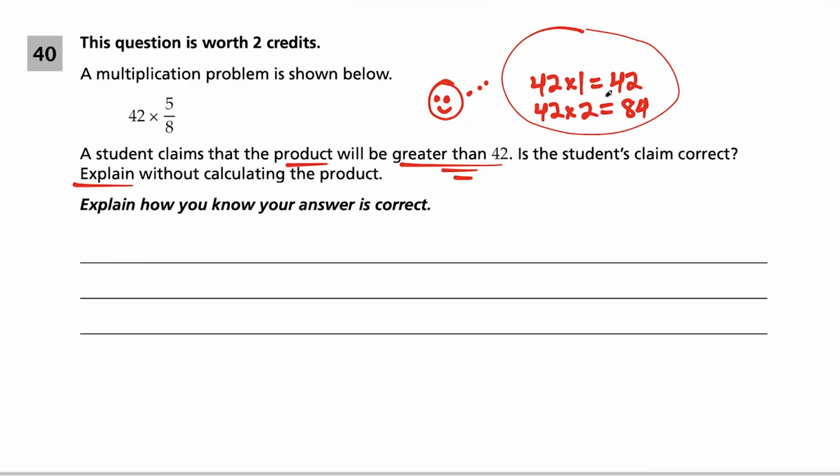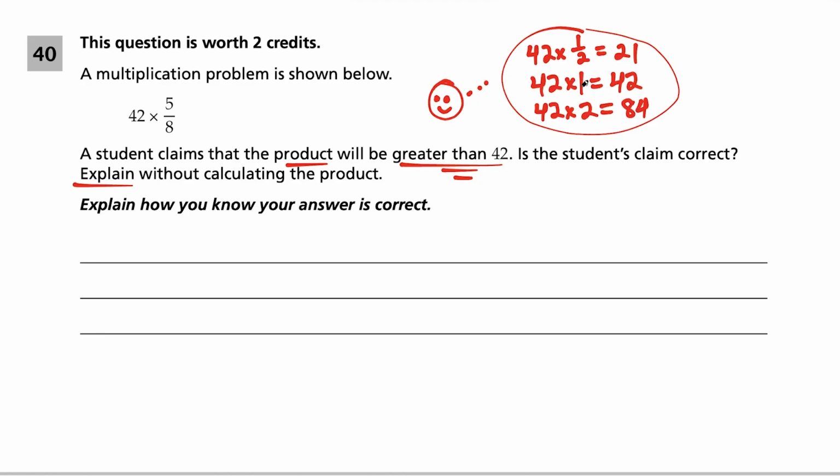I'm just doubling 42. But if I did something like, let's say, 42 times a half, I take half of 42, I get 21. So the trend here is that when we multiply by a number greater than 1, that makes our term bigger. Since 42 is a nice positive number, when we multiply by a number bigger than 1, it's going to make the number greater.